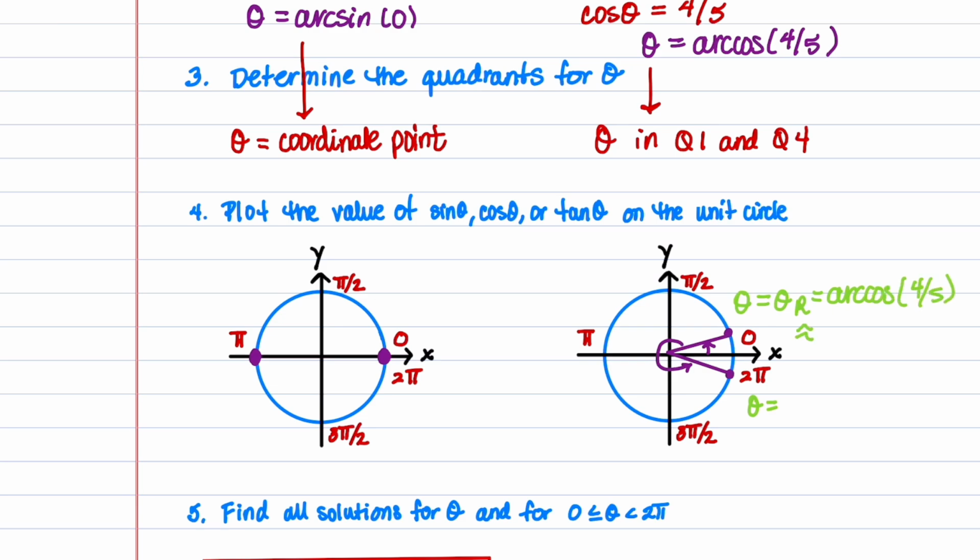When we throw that in our calculator in radian mode, we get a value of 0.6435. Our solution theta that's in our fourth quadrant is going to be 2 pi minus theta sub r. And when you put that in the calculator, you end up with a value of 5.6397.